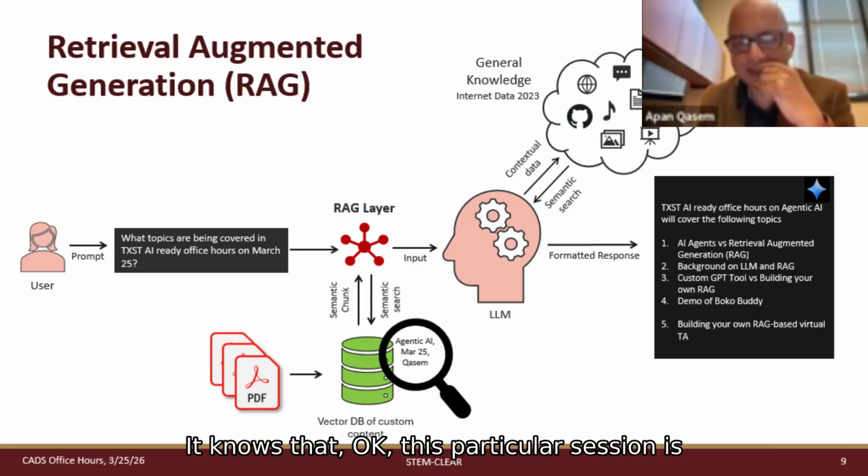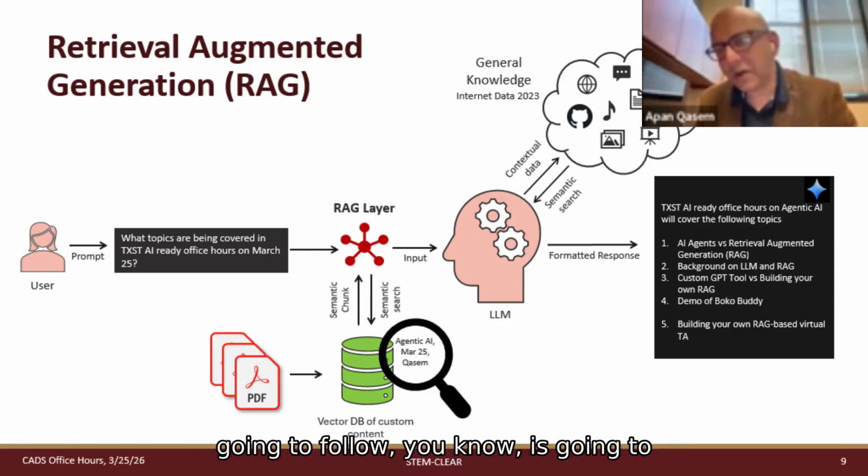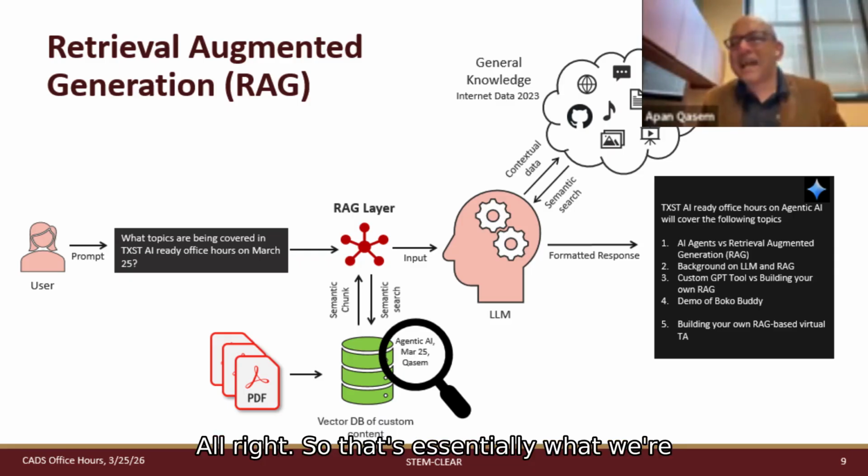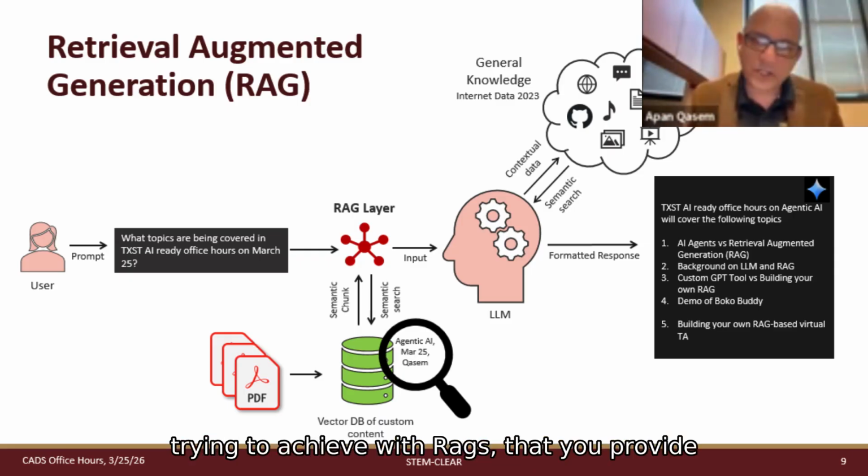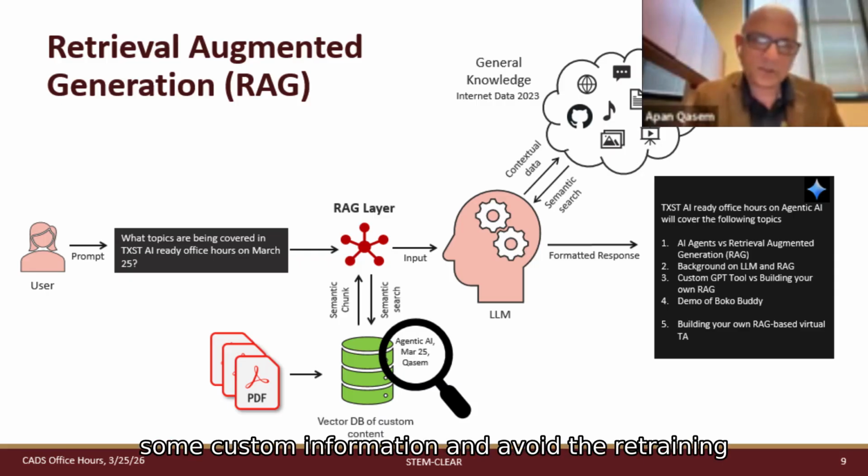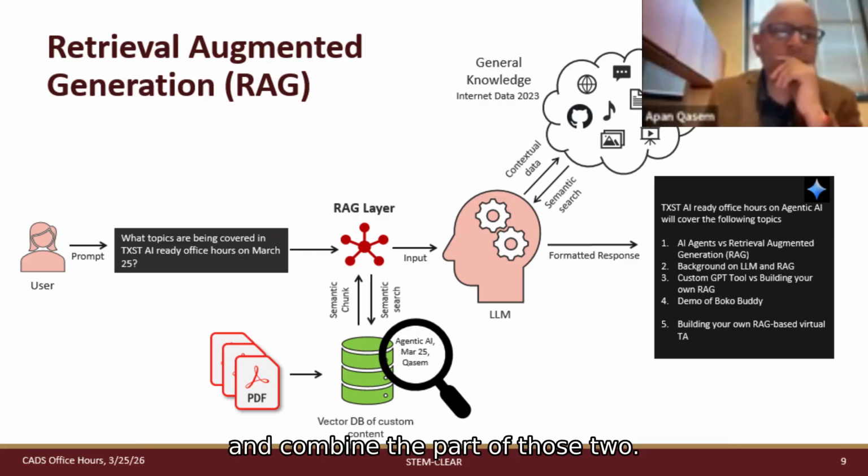It knows that, okay, this particular session is going to cover these topics. All right. So that's essentially what we're trying to achieve with RAGs: you provide some custom information, avoid the retraining, and combine the power of those two.